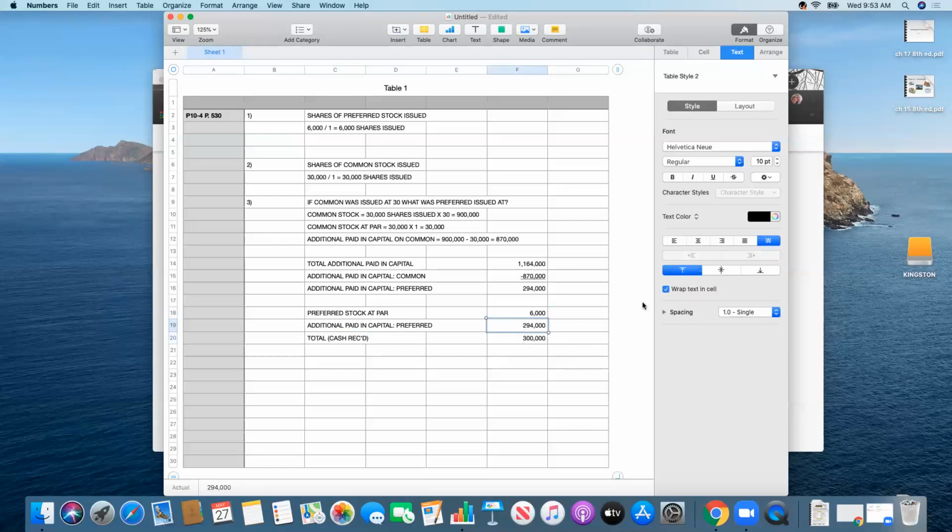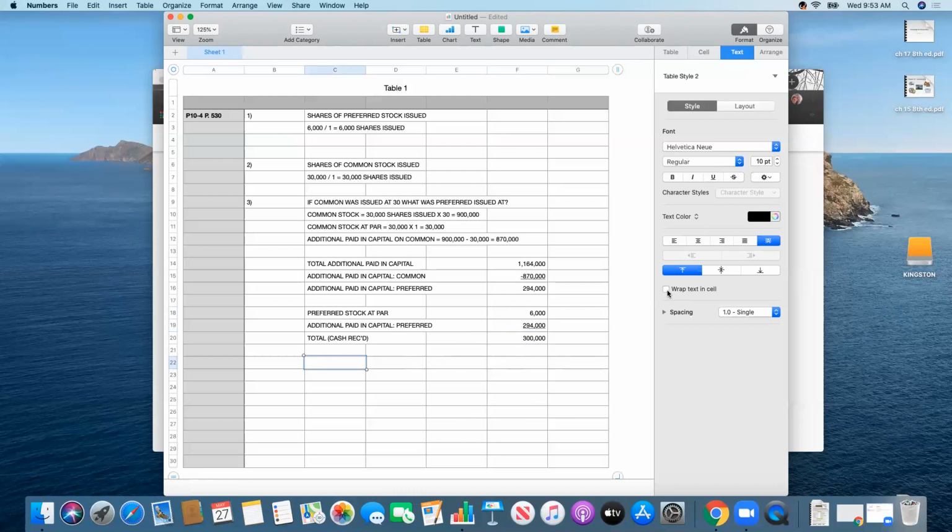So what journal entry would you have made when this preferred stock was sold? You would have debited cash for $300. You would have credited preferred stock for $6. You would have credited additional paid in capital for $294.